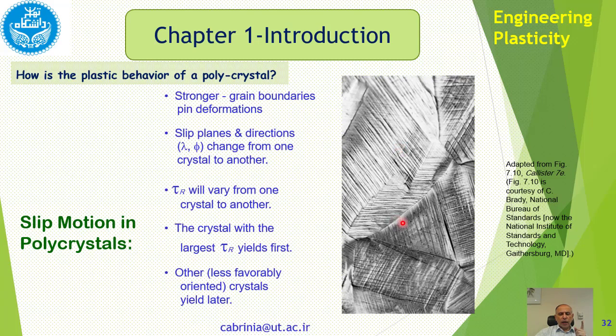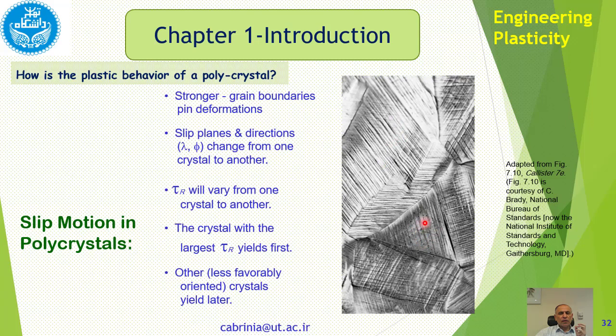Now, if we go to another crystal, obviously in this crystal, because it is oriented in such a way that for a certain plane and certain direction the stress becomes maximum, and tau r becomes equal to tau critical resolved shear stress, and a slip occurs. This crystal yields, but this crystal doesn't yield.